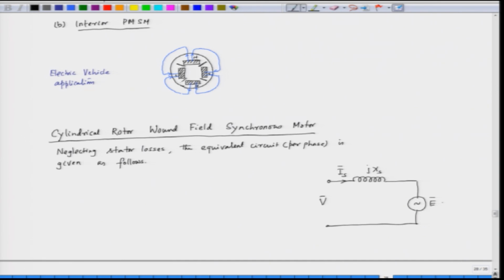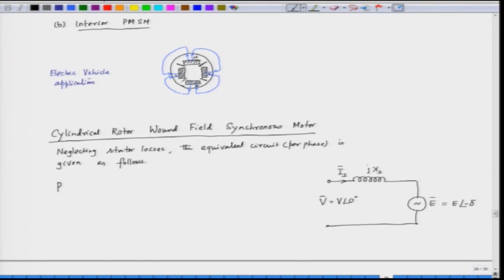Now, this E is equal to E angle minus delta. For a motor, if we assume that the applied voltage is V angle 0, this is the voltage phasor, the induced EMF lags behind the voltage by an angle delta, because this is motor operation.